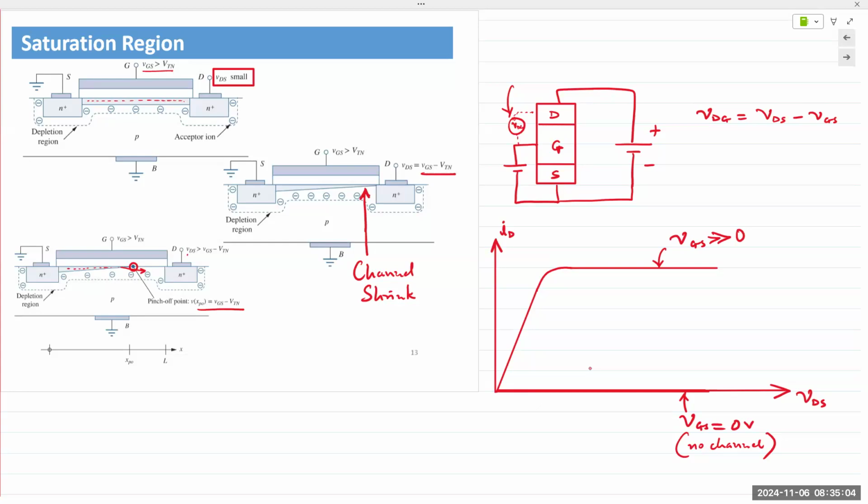And because of the positive voltage applied at the drain, the electrons are attracted to the drain and swept out. So current still keeps flowing. It does not go to 0. So at this point, electrons are pulled or injected into the depletion region.